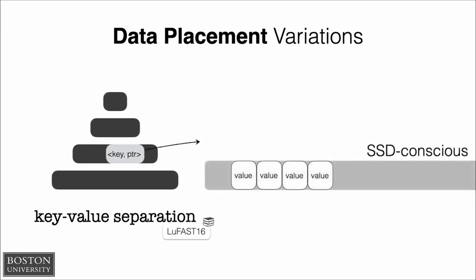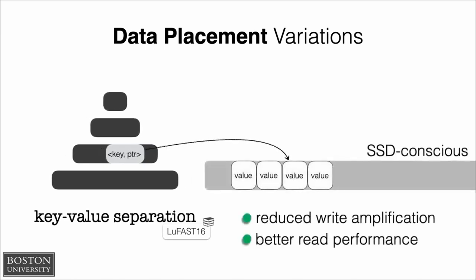So WiscKey, this paper from Lu et al. published in FAST, separates the keys from the values. In the tree itself, it stores the key pointers, so no values. So now the key becomes smaller because a pointer is typically much smaller than a value field. So the write amplification is reduced significantly. And this pointer actually points to the value which is stored on the storage.